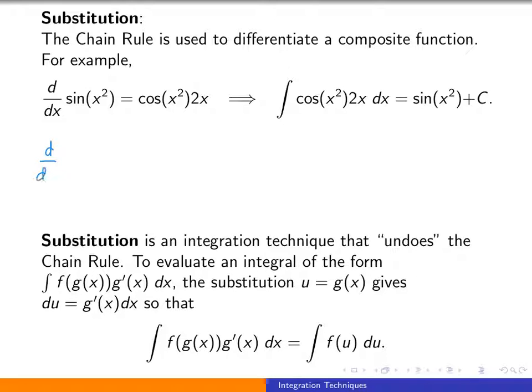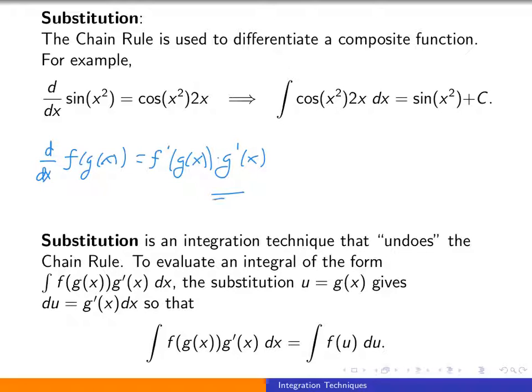If we think about just applying the chain rule to a composition, the derivative of f of g of x, so we have our inside function g, our outside function f. The chain rule tells us we take the derivative of the outside function, evaluated at the inside, multiplied by the derivative of the inside.